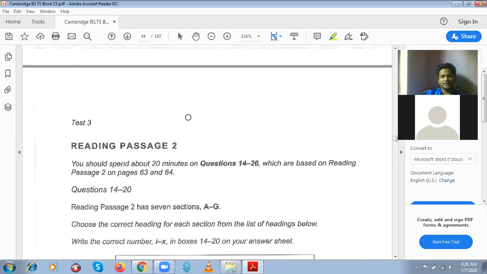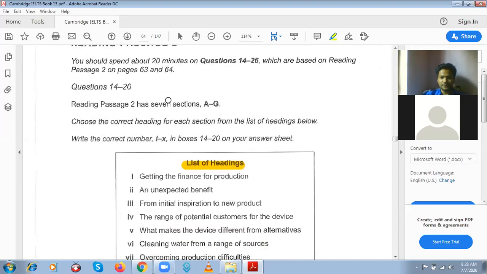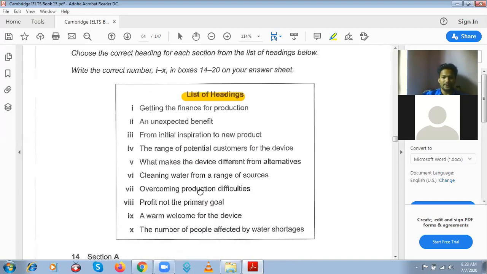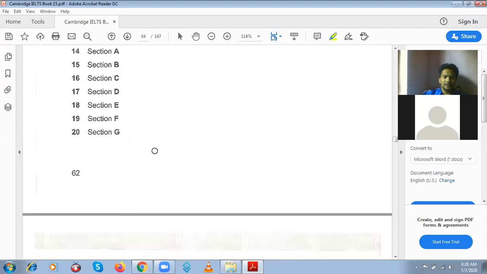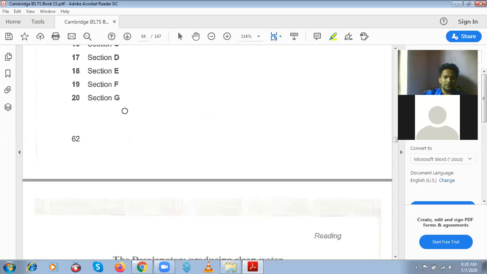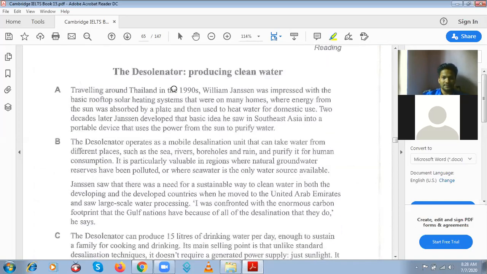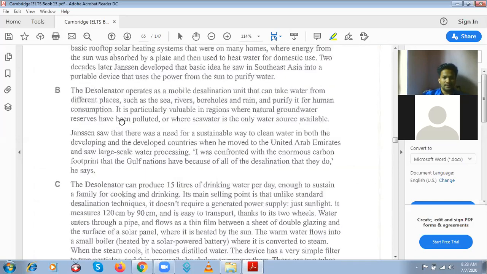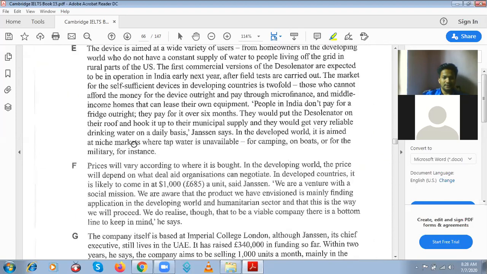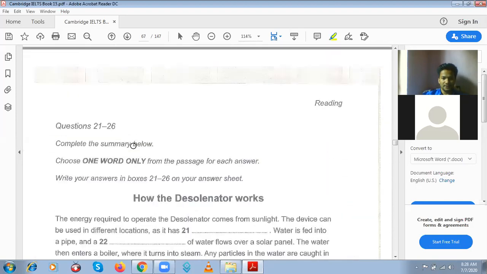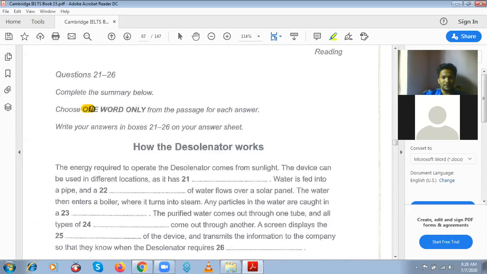So in this reading passage 2, we have a list of headings from question number 14 to 27, with paragraphs A, B, C, D, E, F, G, and another type of question, one word only, that is gap fill, or let's say summary completion.